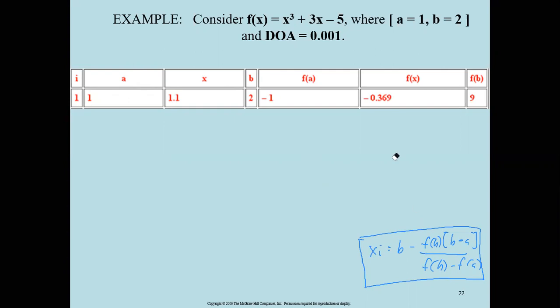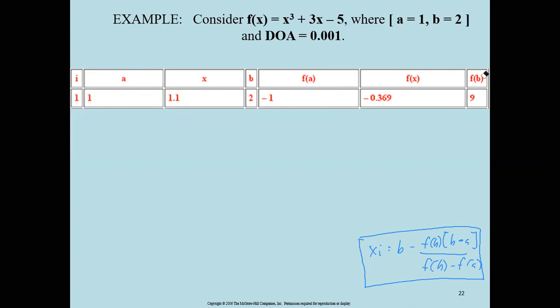So we need to determine first the value of f of A and f of B. So our B is 2. To obtain this: 2 minus f of b, which is 9, times 2 minus 1, then divided by f of b, which is 9, minus negative 1. Okay, so this will give us 1.1.